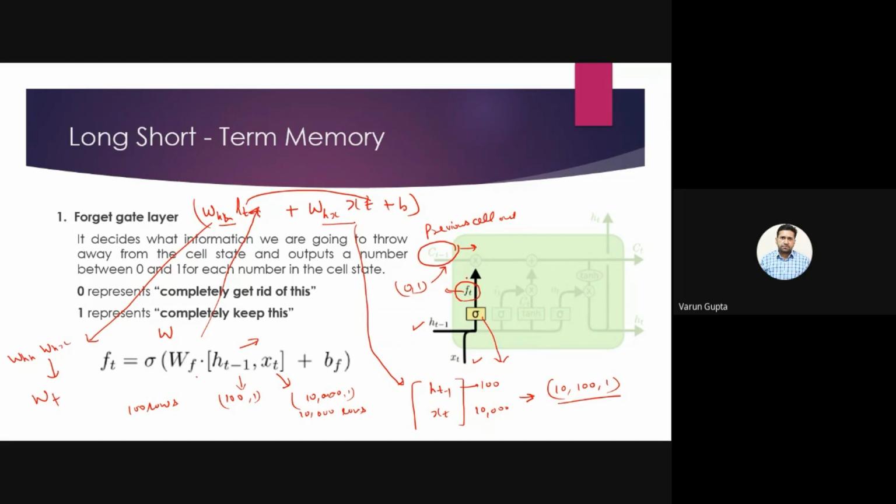This value will decide how much to keep of the previous cell state. If it is 1, it will keep the whole cell state. If it is 0, it will forget the previous state. Then your output will depend only on the current input and the previous hidden state. This is the purpose of the first gate, the forget gate. It is deciding how much to forget and how much to keep in mind.